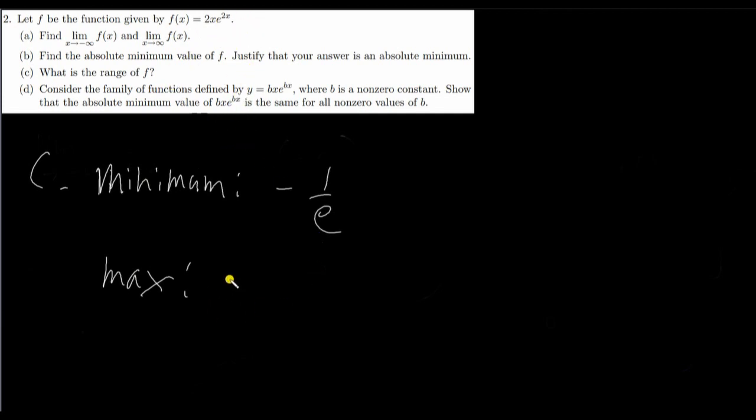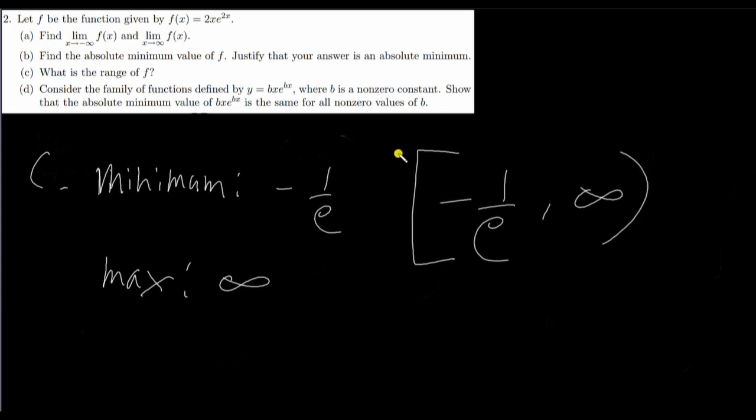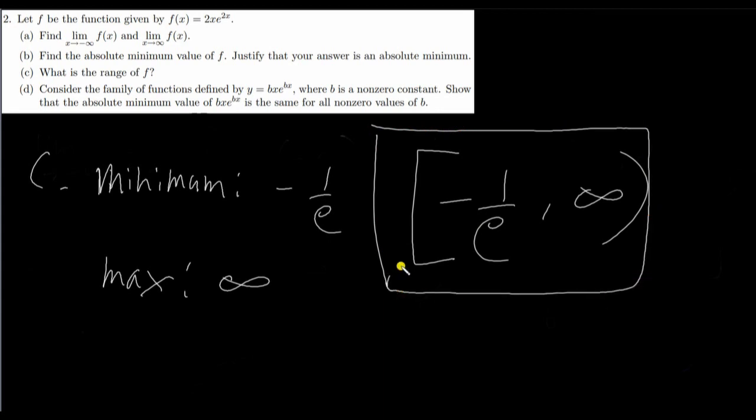It's never going to reach a maximum number. It's just going to go on to infinity. And then putting this together to get my range, it's going to be from negative 1/e to infinity. And since it can reach this value, put a bracket, and just as a matter of how it's done, you put a parenthesis for infinity. So this is the range. You get 1 point for that. Real quick, simple. And let's look at part D.